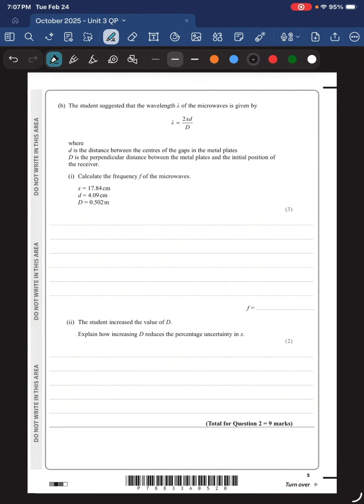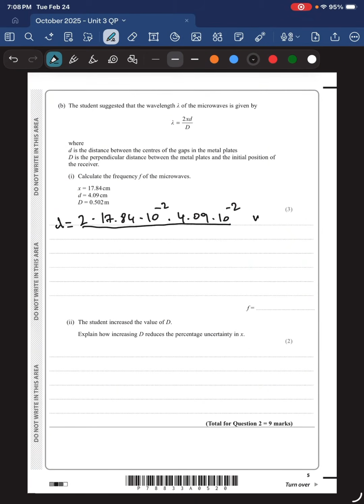We can actually calculate the wavelength first. So lambda is simply 2, and I'm just copying down numbers. x is 17.84 centimeters, so I need to convert it to meters by multiplying with 10 to the minus 2. And d is 4.09 centimeters, so again times 10 to the minus 2.